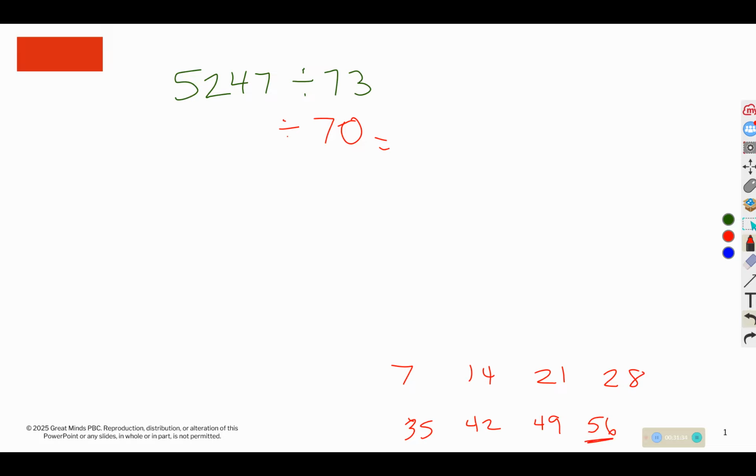Well, that's close to 5,247. We could do the 52 piece, rounded up to 56. Because if we round this one up and this one down, that might make them closer to the actual answer. So we're going to round this to 5,600.